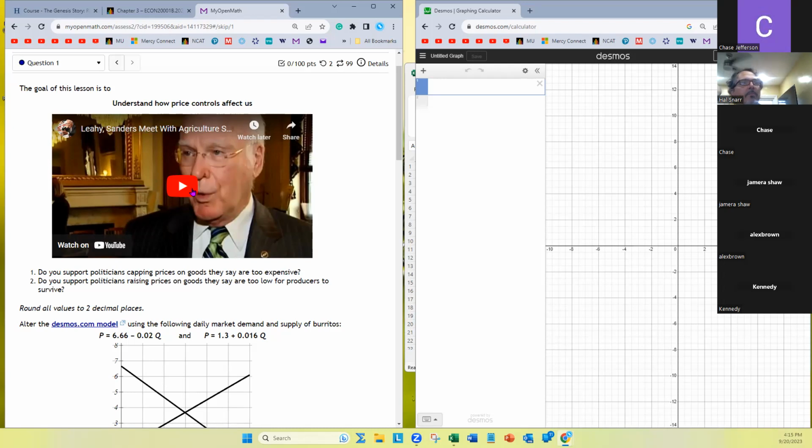Let me just ask people on the Zoom: do you support politicians capping prices on goods they say are too expensive? Like if the price of oil or gasoline, for example, during a hurricane, anybody with a hurricane coming through North Carolina, did gas prices go up?